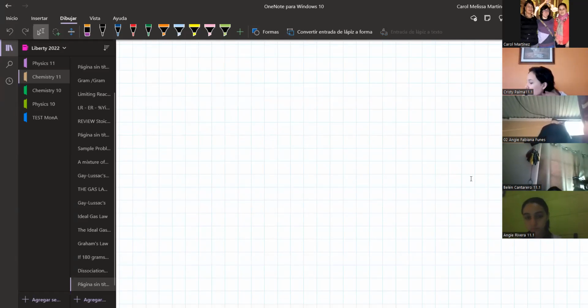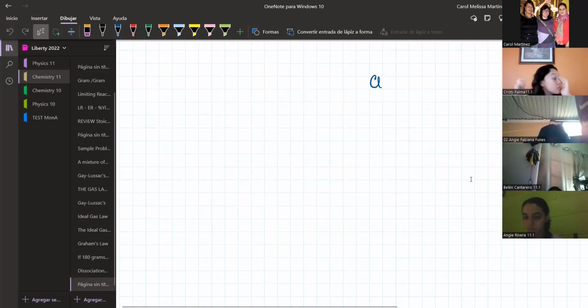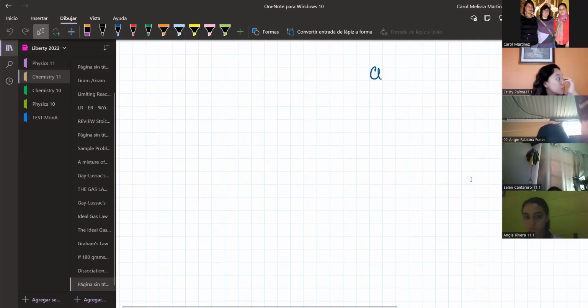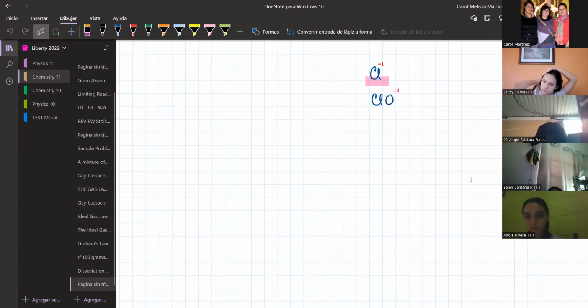So when you have just Cl, if you just have Cl as part of the anions, that Cl is going to be -1. If you have ClO, that's hypochlorite. Anyway, the charge is -1 as well.